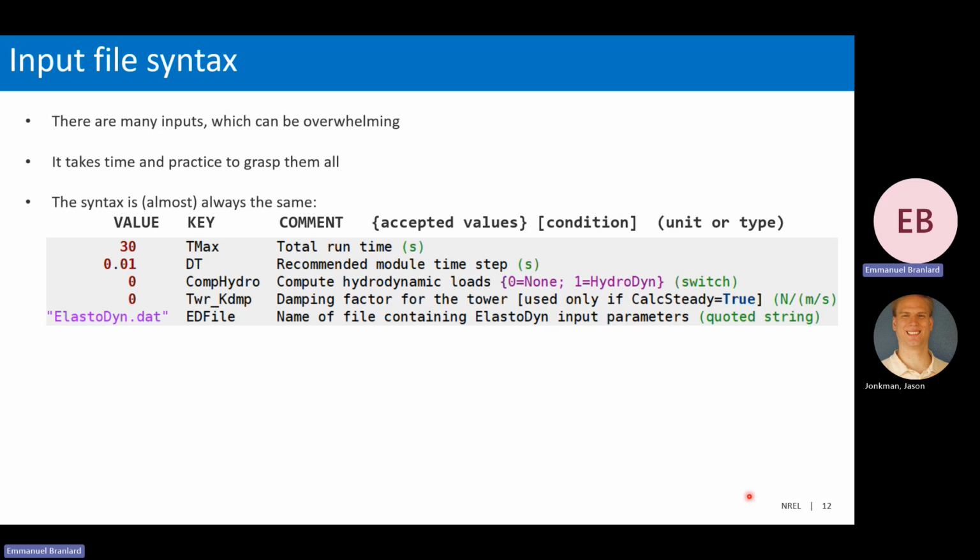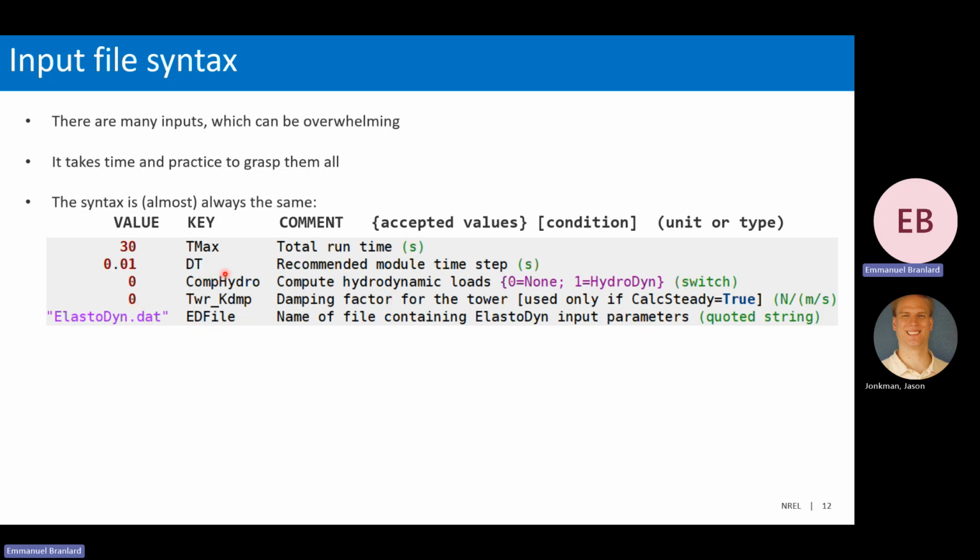There's a lot of information. Sometimes those lines get very long, but they tell you enough. For instance, for the first one, the comment is pretty short: the total run time. That's how long your OpenFAST simulation is going to be. If you wanted to do a 10-minute simulation, you'd put 600 seconds. You can see that it's in seconds; you have the unit at the end.